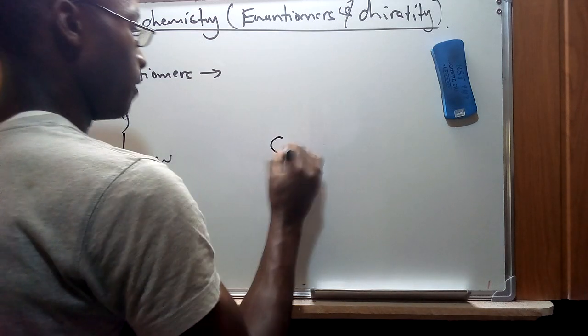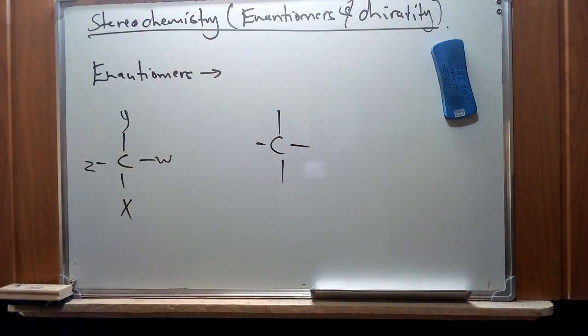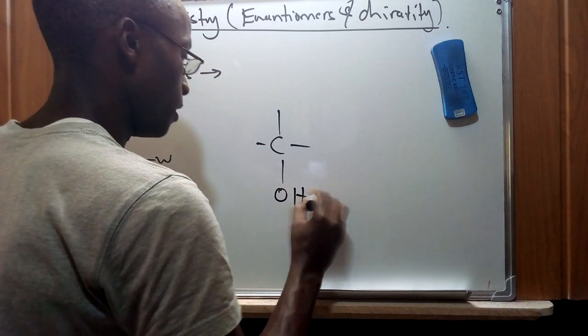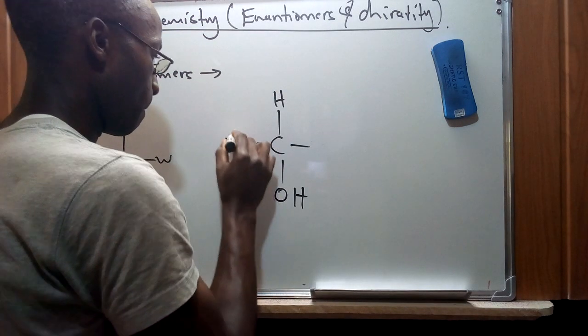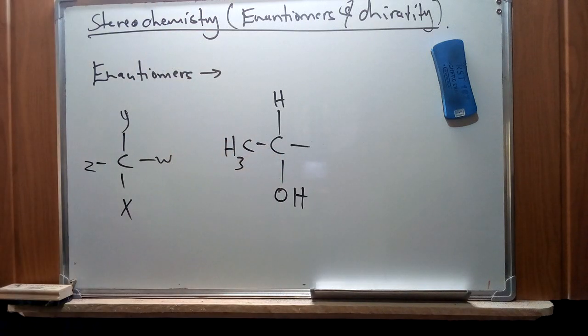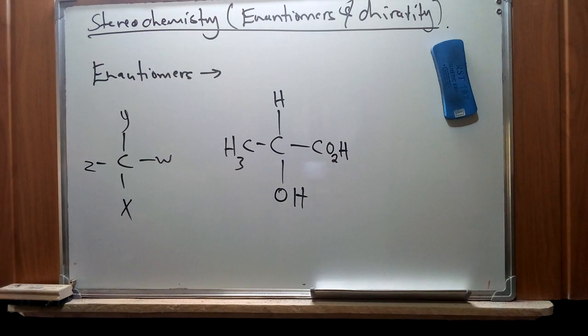For instance, if I have a compound like this, whereby we have substituents as OH, H, and then another one which is a methyl group, and then lastly we have a carboxylic group at that specific point.